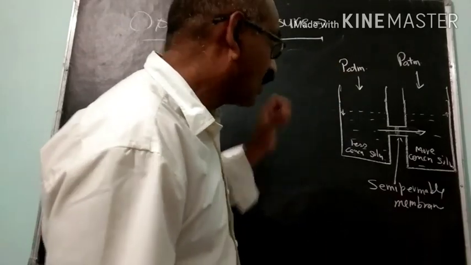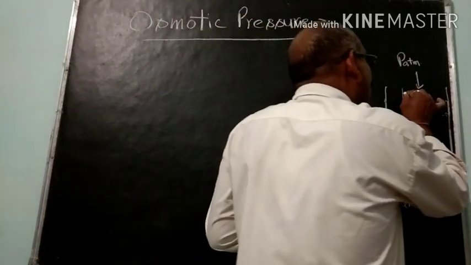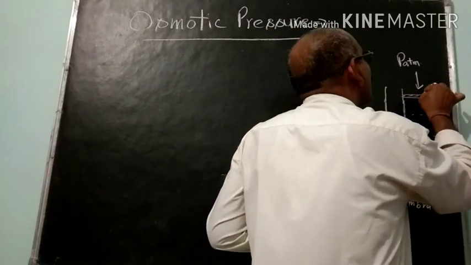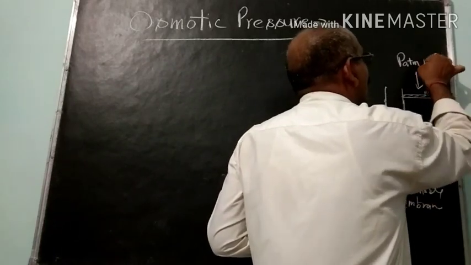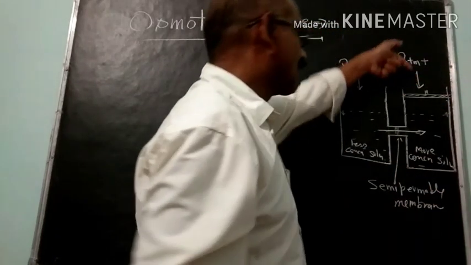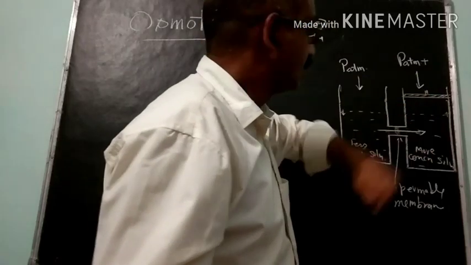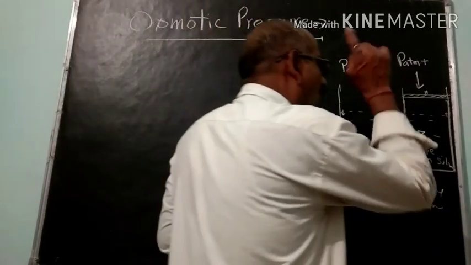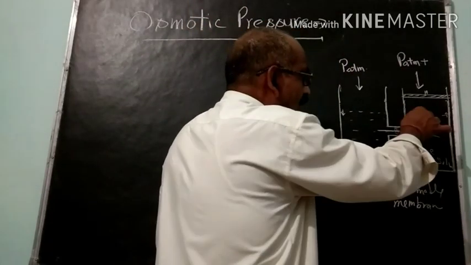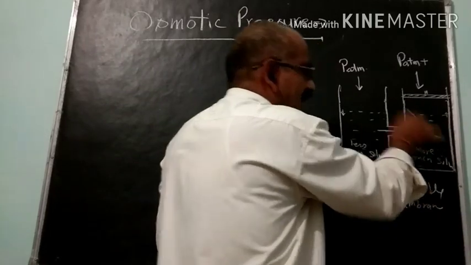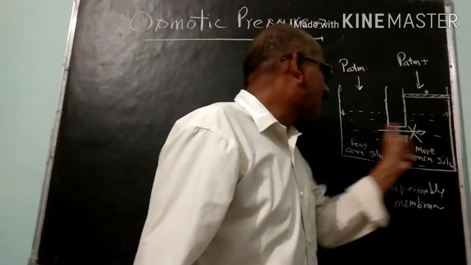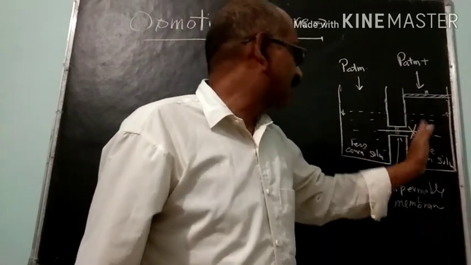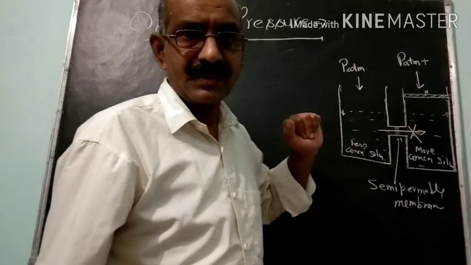Okay. Now, using a frictionless piston we will exert pressure over this more concentrated solution chamber, and we will exert only that much pressure so that the movement of the solvent particles from dilute solution to the concentrated solution gets ceased.